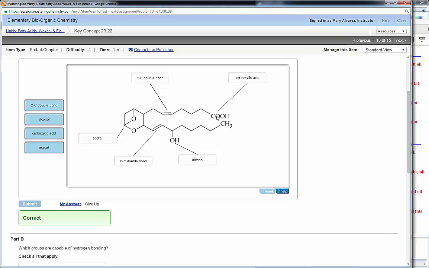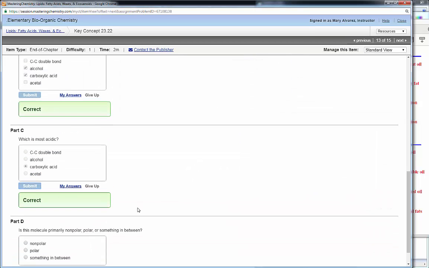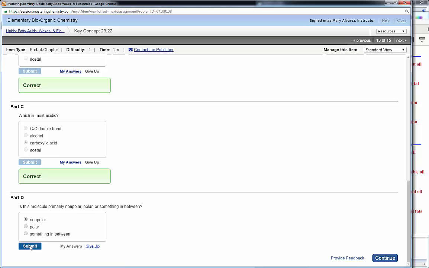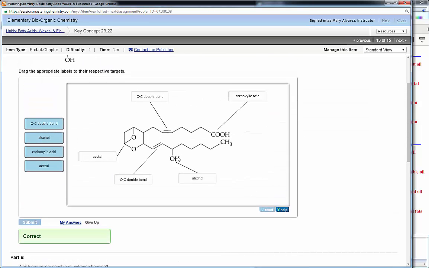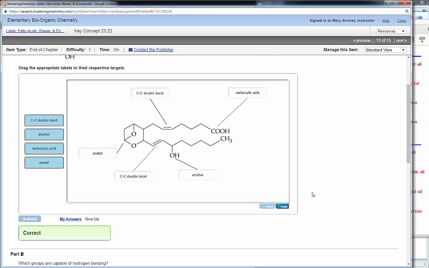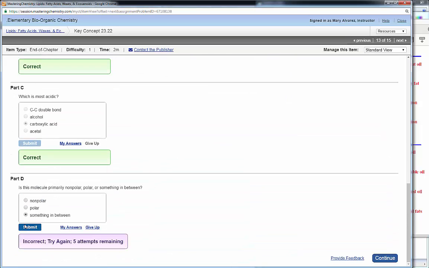Well, given that one carboxylic acid could take 5 carbons with it into the water phase, one alcohol can take 4 carbons. Together, they might be able to take 9 carbons, but this is a 20 carbon chain. So I'm going to say primarily nonpolar, but it is true that I do have some little polar ends on here, so looks like they want something in between. It's definitely soluble in nonpolar solvents, though.